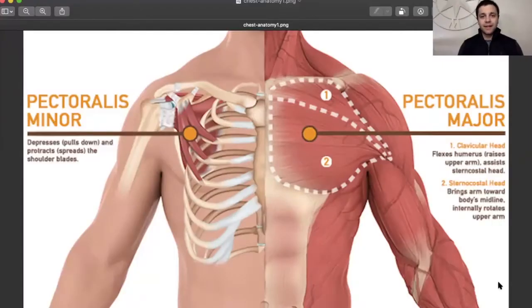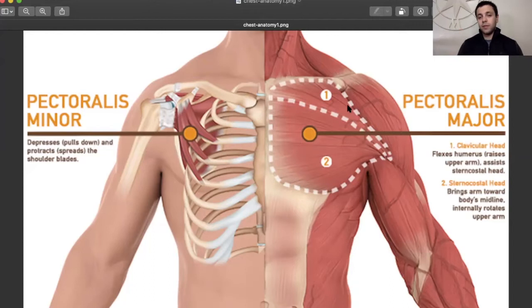When it comes to pec anatomy, there's a lot of confusion in terms of what the difference is between the pec minor and the pec major. We also find a lot of students and even professionals calling what we refer to as the clavicular and sternal fibers of the pec major by the wrong names.